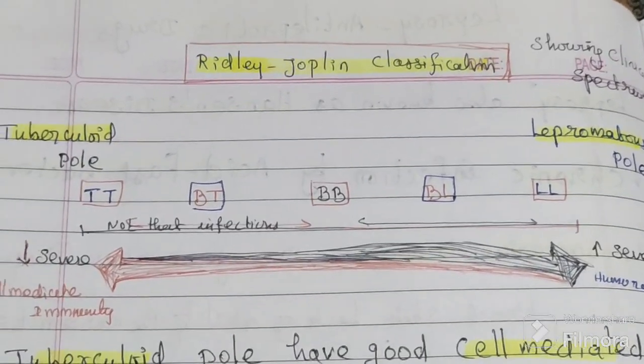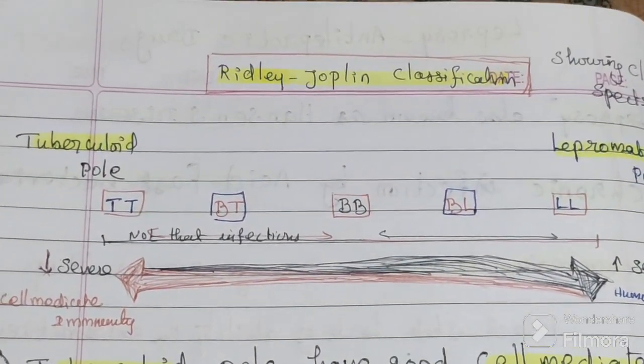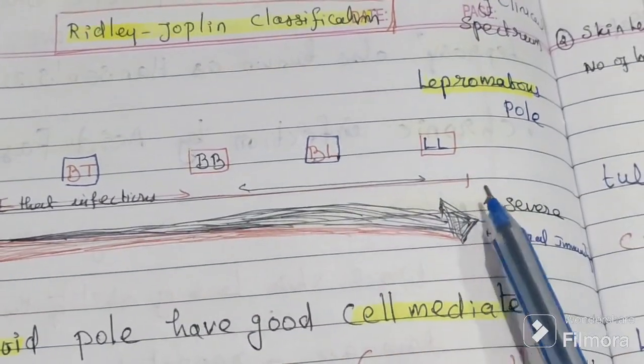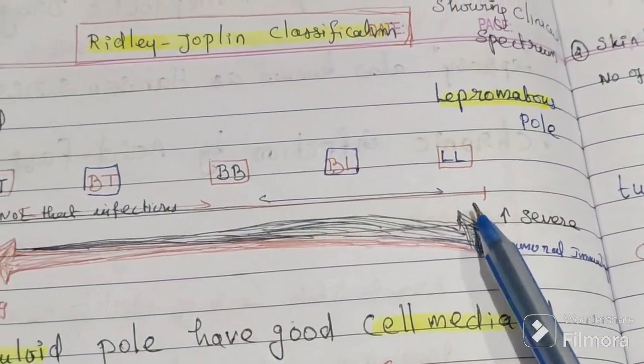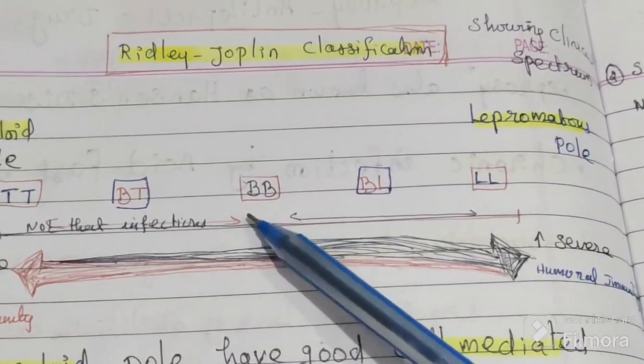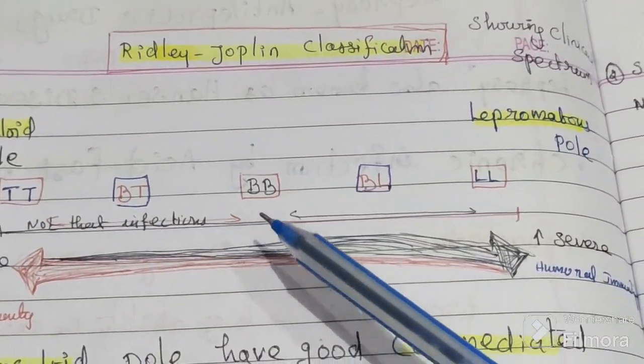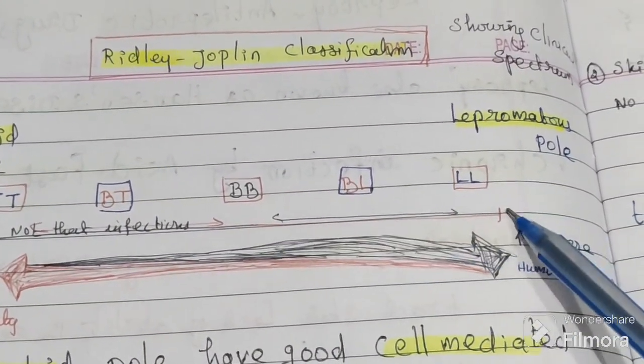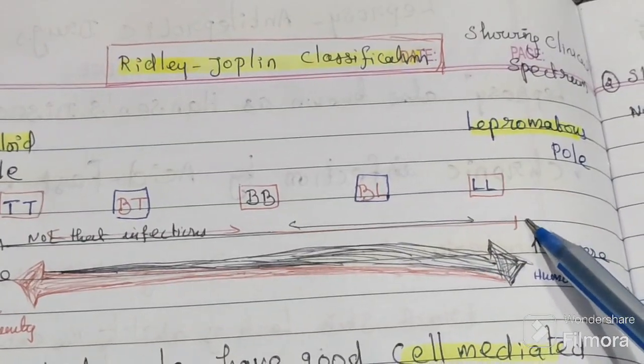The spectrum starts from tuberculoid leprosy, and at the other end is lepromatous leprosy, with mid-borderline in the middle.